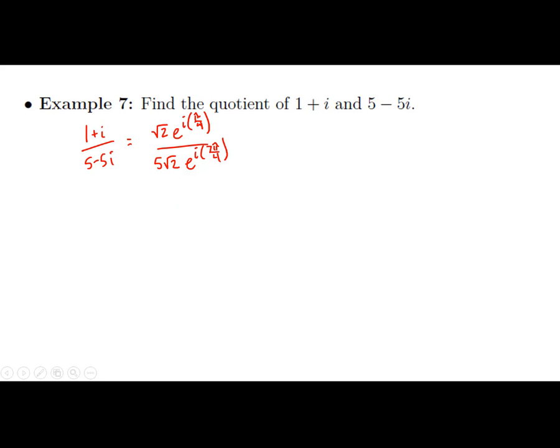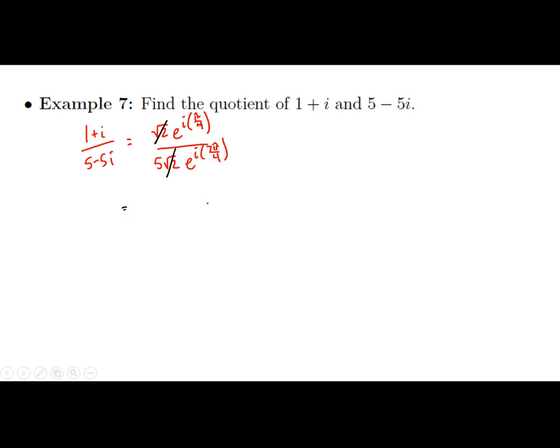So first of all, we can see some nice cancellation happening with those square roots of 2. So that's nice. But then we also know that when we are dividing exponents with like bases, we subtract the exponents.